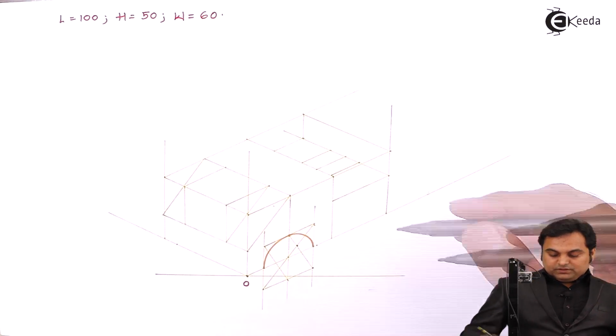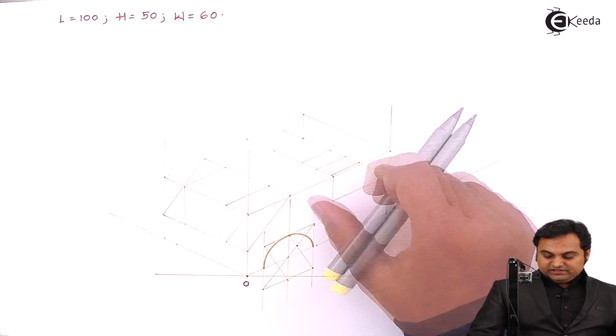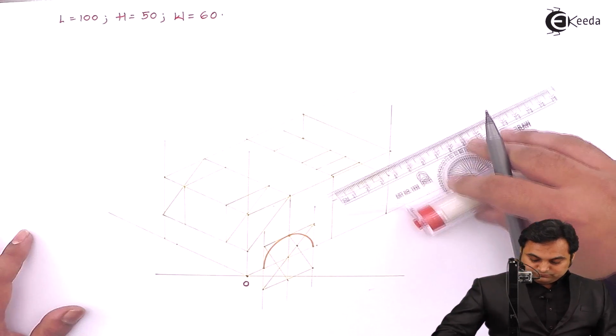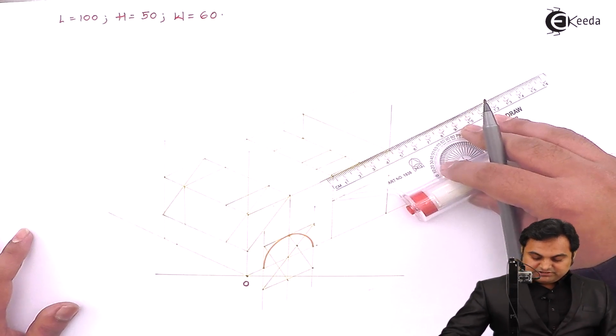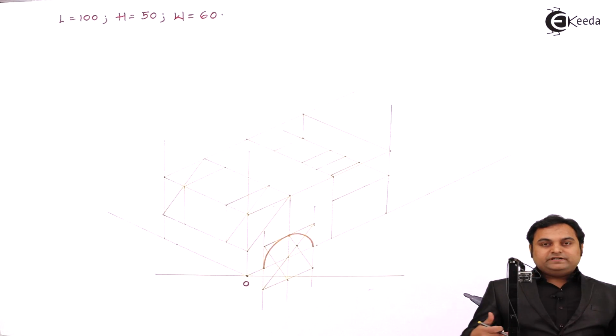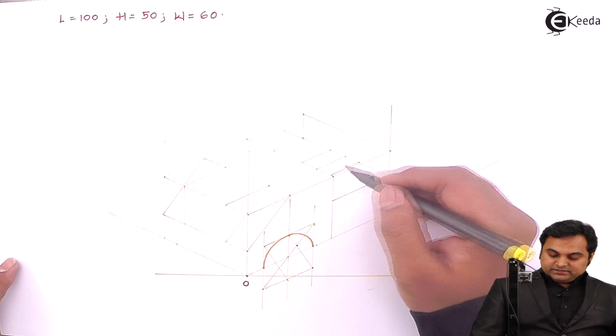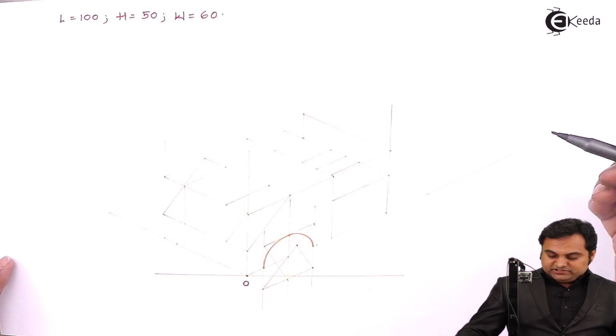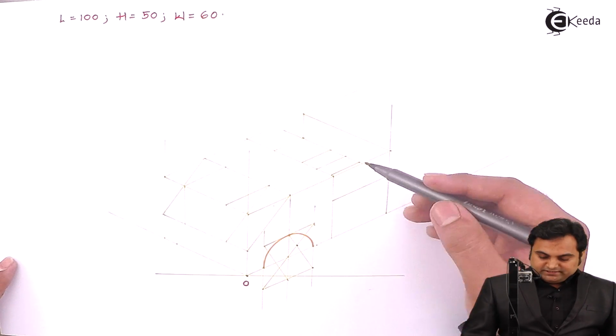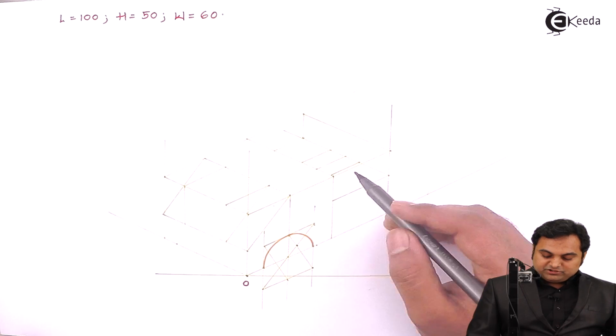Then after that, the groove is having a length of 30 mm. So if I am measuring 30 mm, it is going into the diagram. So I will leave it only up till here. Next, in isometric drawing, the surfaces should be complete. That is, it should not be left two-dimensional.